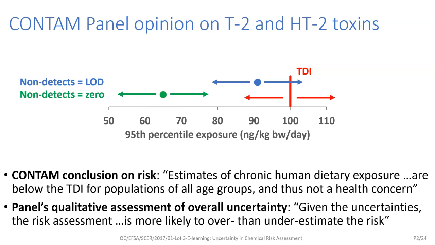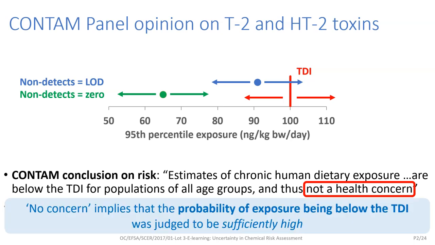If the TDI was lower and the exposure was higher, then it is possible that the highest 95th percentile exposure could exceed the TDI. But the panel's conclusion that there is not a health concern implies that they were sufficiently certain that exposure is below the TDI. In other words, they judged that the probability of exposure being below the TDI is sufficiently high.